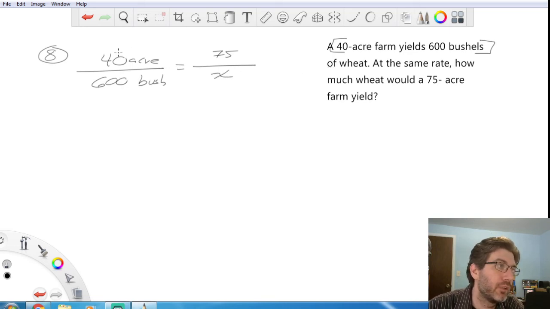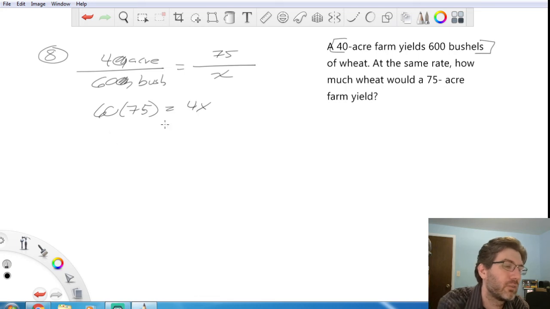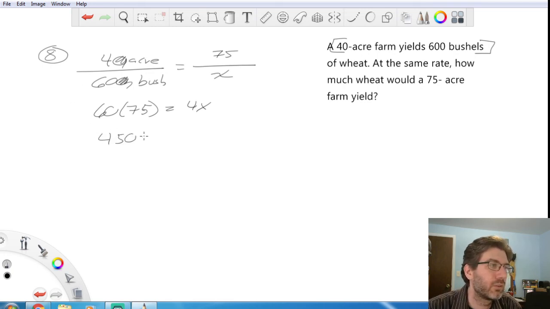Again, this might be easier to reduce before you do anything, because you can divide each by 10 and get rid of the 0. That way you have 60 times 75 equals 4x. 60 times 75 gives you 4500 equals 4x.